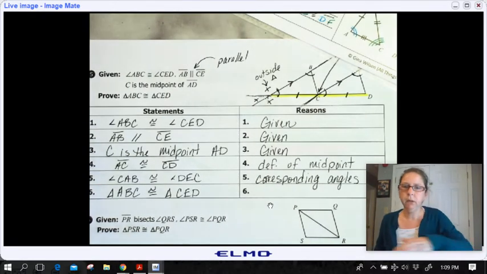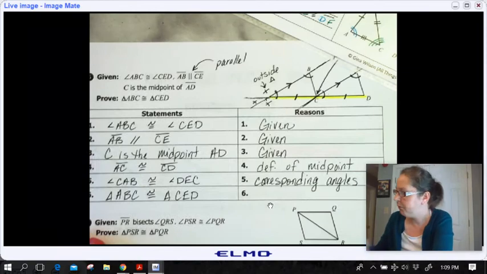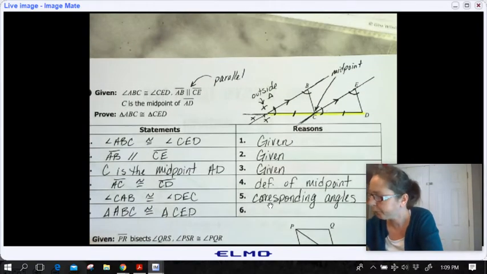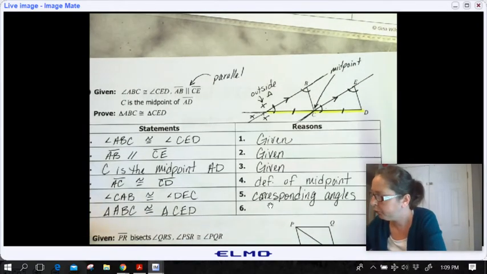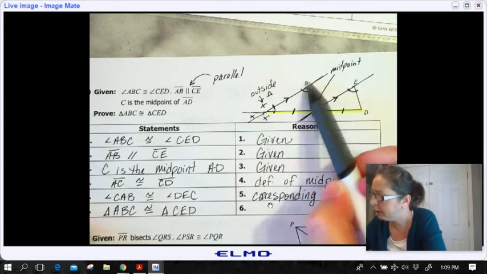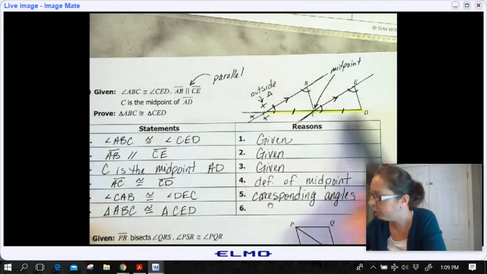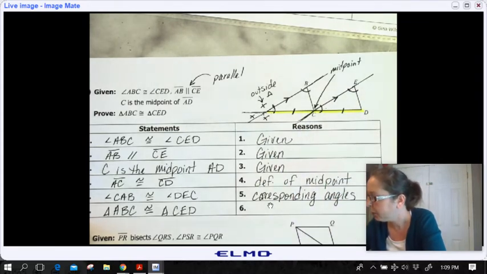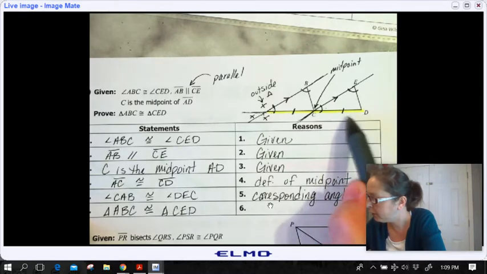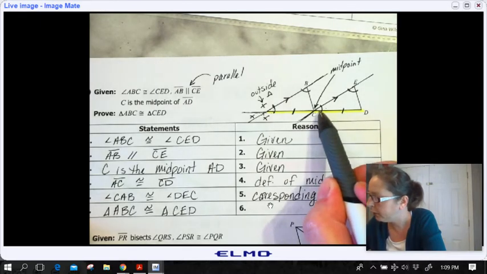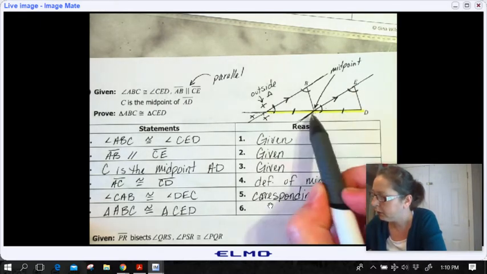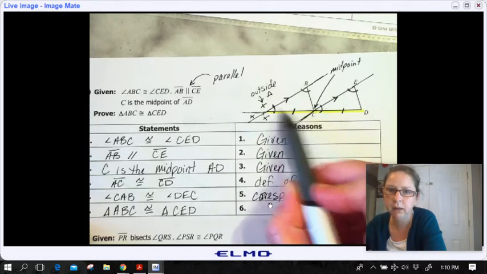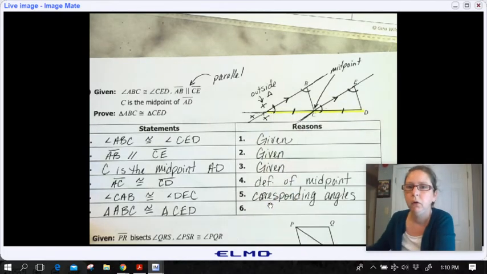All right, so let's take a look at what we have now. We're trying to prove triangle ABC is congruent to this triangle. Okay, so I have a side, an angle, and an angle. A side, the yellow side, an angle, and an angle.